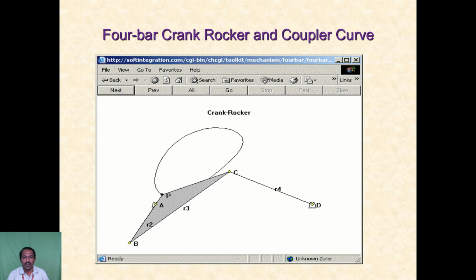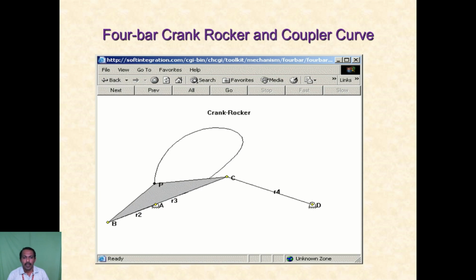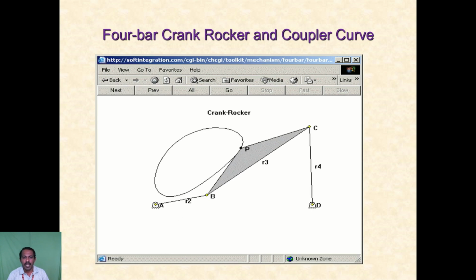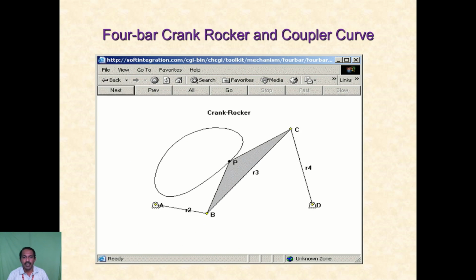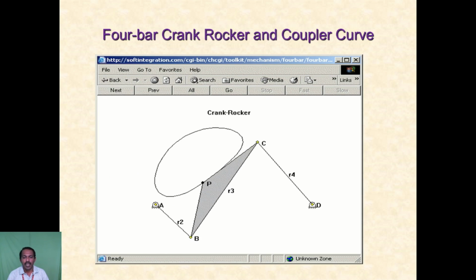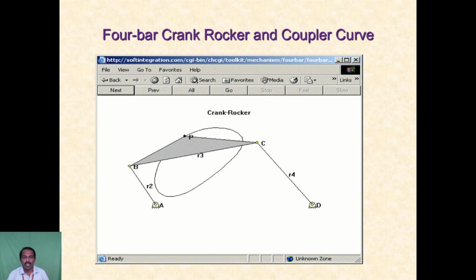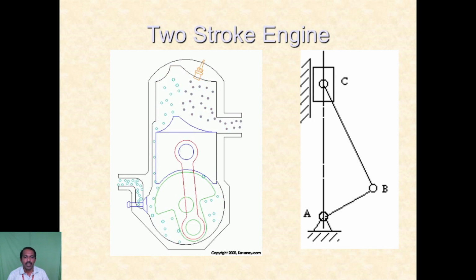So there are 4 links with binary and ternary links. Here is an engine stroke. Here is only one mechanism.